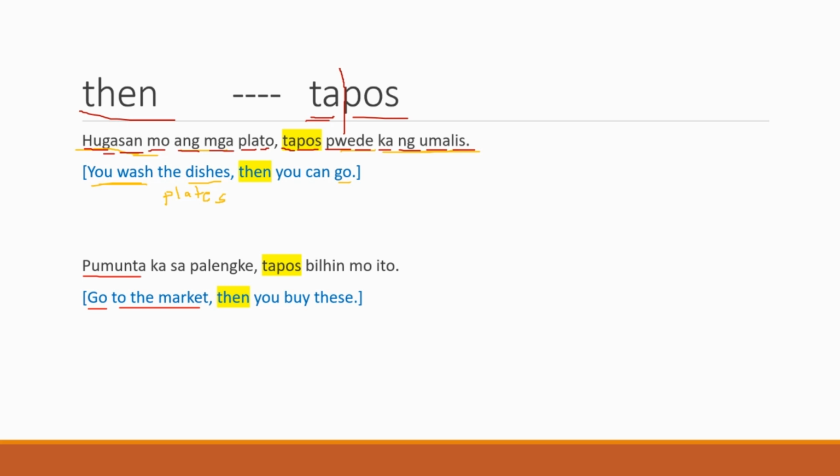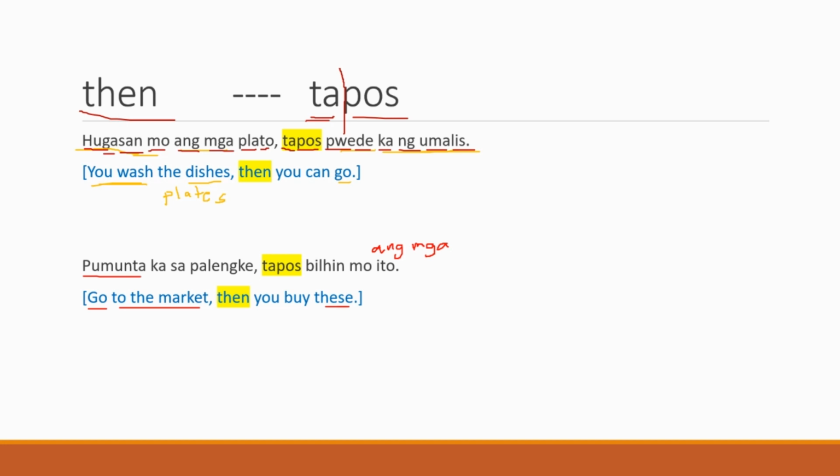Tapos, then, bilhin mo ito or bilhin mo ang mga ito. You did not specify what are those, but it means those things are many or more than one, because we are using these.